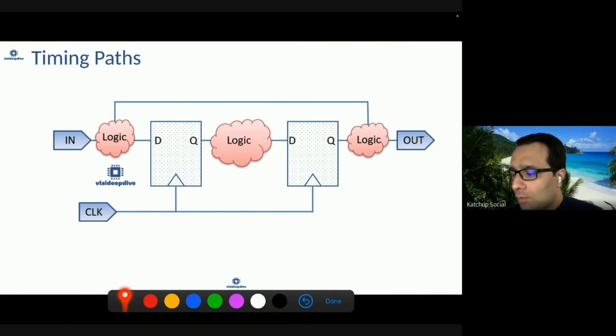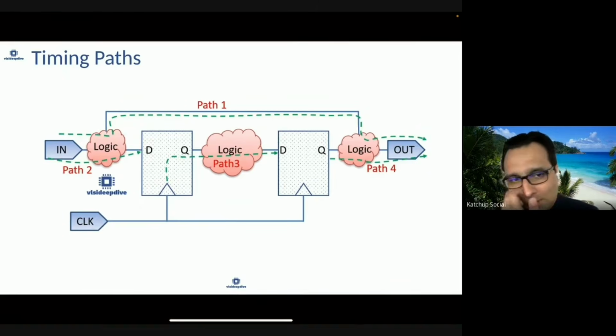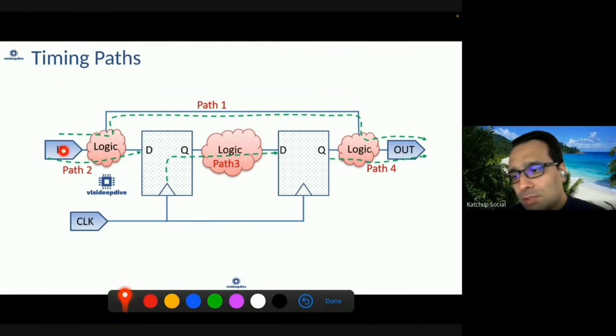So how will it break down? Let's understand. It will create timing paths. Basically it will break down the design so that from here to here is one path, broken down at a port and then a sequential element. This is another port to port path, from this port to this port. Then this sequential element to this sequential element is another path.